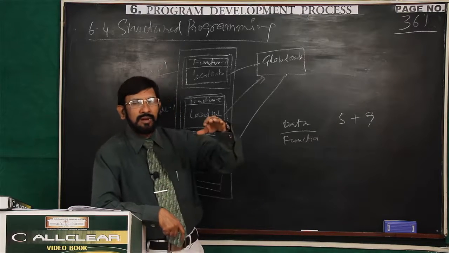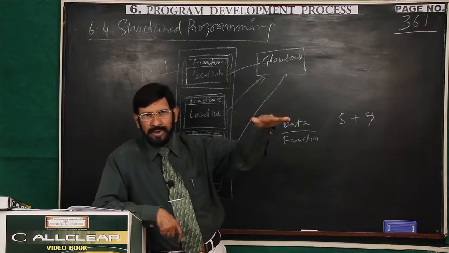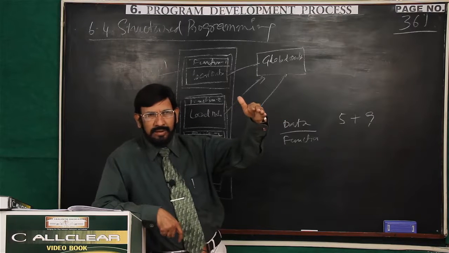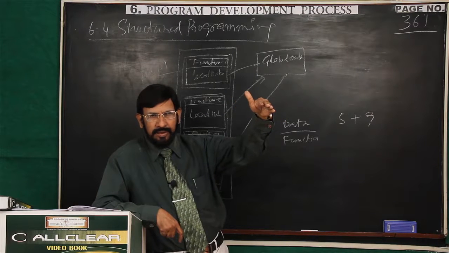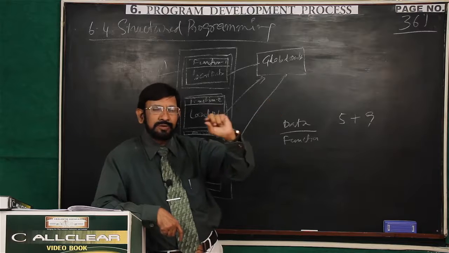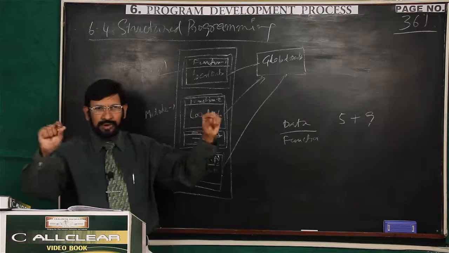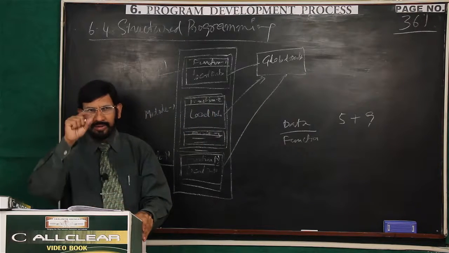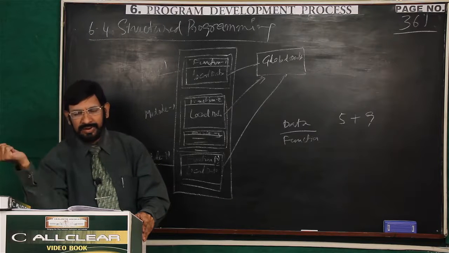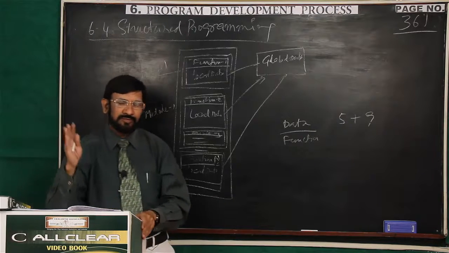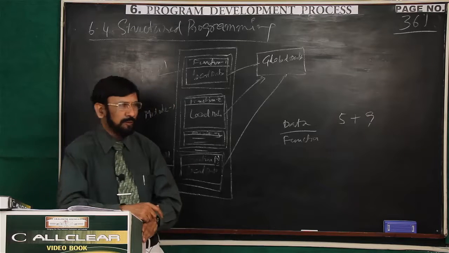Suppose you appointed a roof maker. The roof maker may appoint some centering person who develops frames and all that. And that centering person may call a welder. In the function-oriented approach, this is the approach.